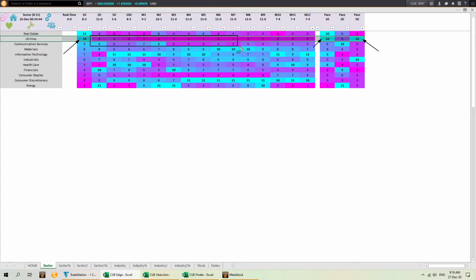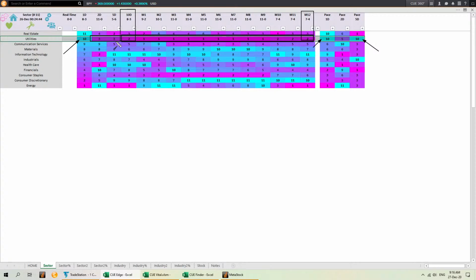Why turnaround candidates? Because this sector was languishing. It was either the very worst or the second worst sector for a long time. If you look at 12-month period all the way up to 10-day period, the score was either 1 or 2, the worst or the second worst sector.